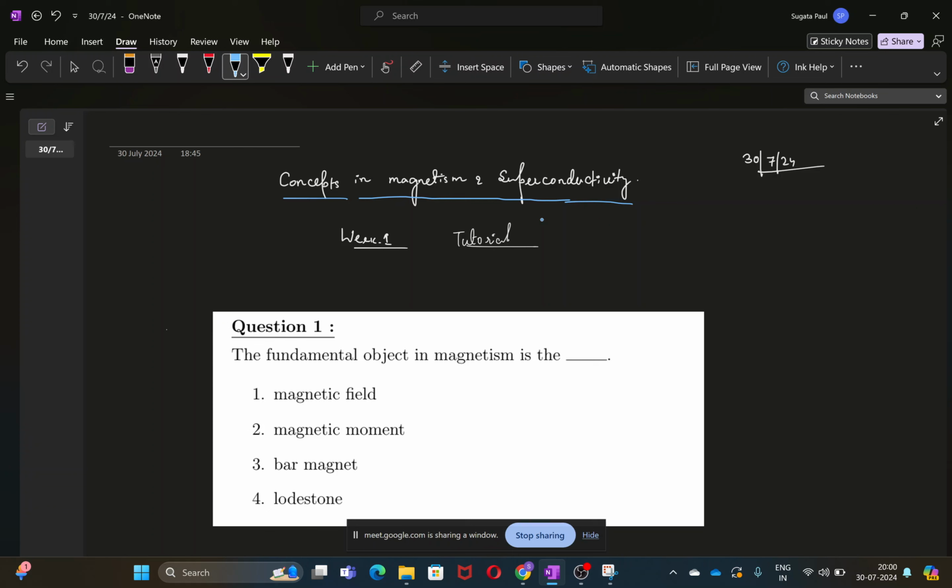You will be taught some concepts and topics in the main week lectures, and then you will be given some assignments to solve, and you have to submit them by the deadline mentioned on the website. Those assignments will be related to whatever you are taught in the week lectures.